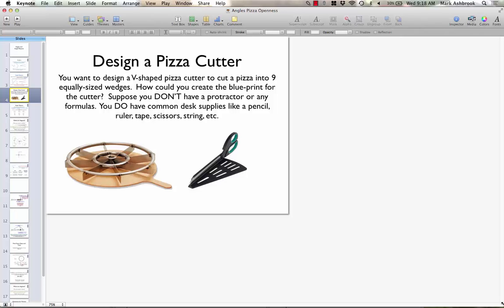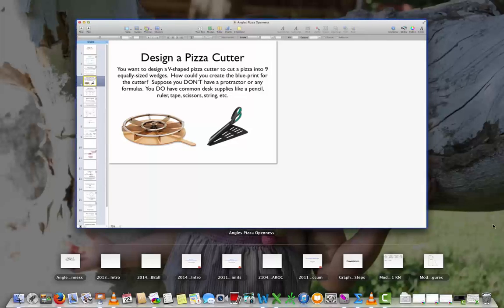Okay, let's see. This Sean here. How'd it go? Okay, so he said he took a string and made a circle around. So let me kind of try to draw this. Oh, I had pizzas to show you.